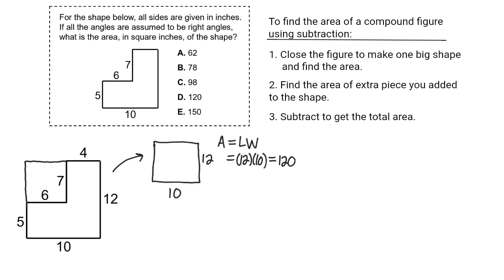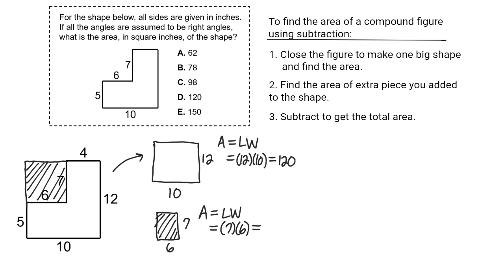Now let's get the area of the shape that I added. So this is the piece that I added to make the big figure. And this figure happens to be a 7 by 6 rectangle. The area of that figure is length times width, which is 7 times 6, which is 42.